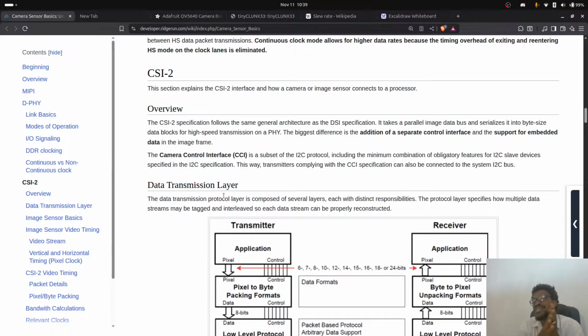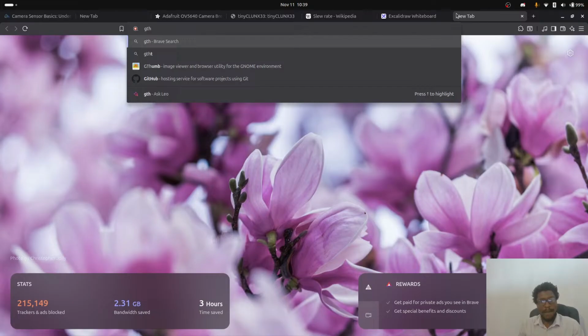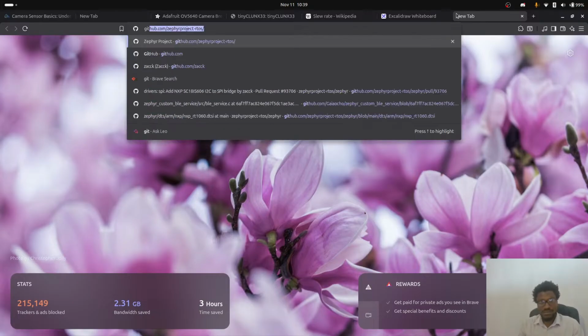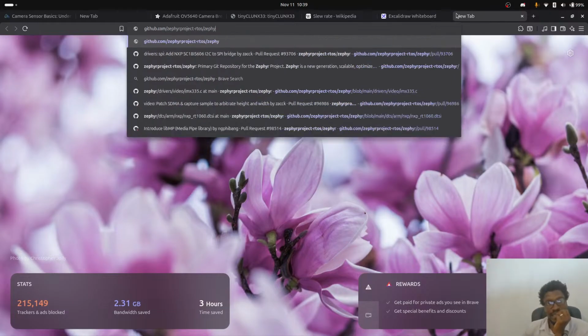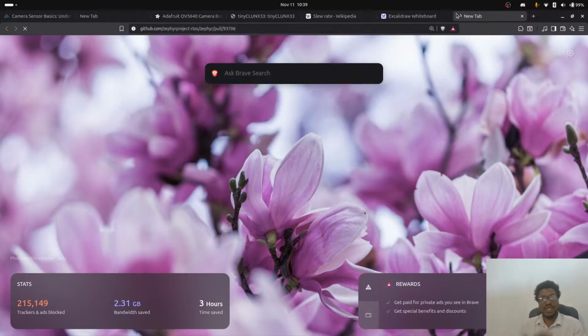This is a subset of the I2C protocol. You can find this in Zephyr Video Common. I'll show you. One easy place to find it is GitHub Zephyr.